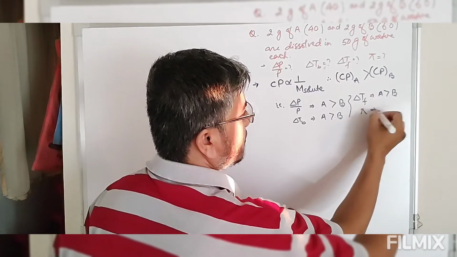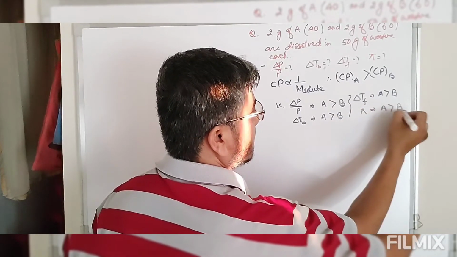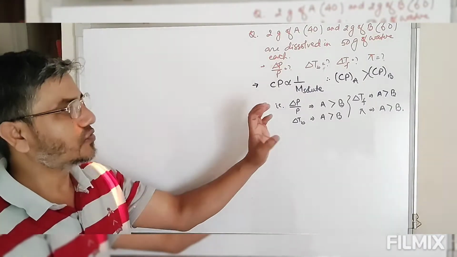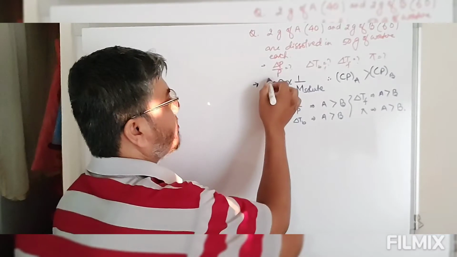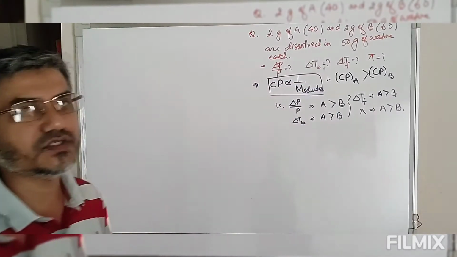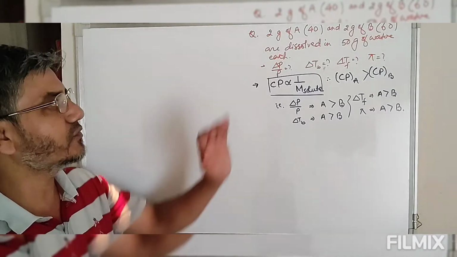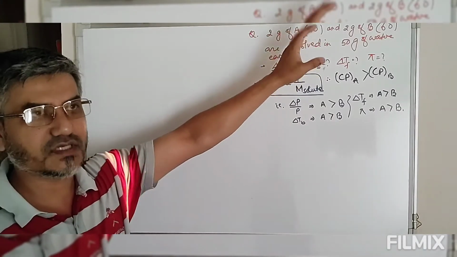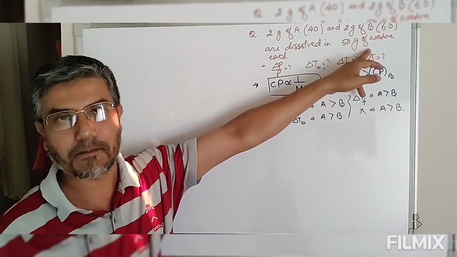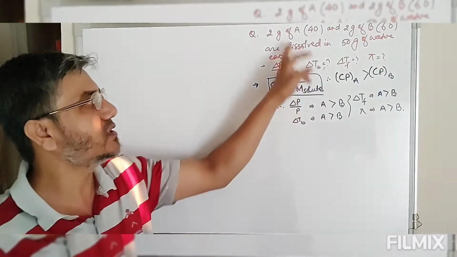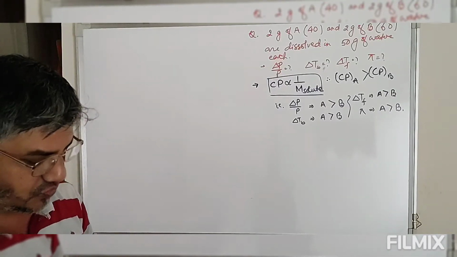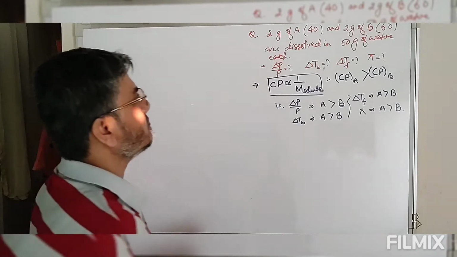Similarly, osmotic pressure of the A solution will always be greater than the B solution. So the more important part is that colligative property is inversely related to the molecular mass of the solute. This is applicable when the same grams of different components are dissolved in the same mass of the solvent. So ultimately colligative property depends on the molecular mass of the solute.